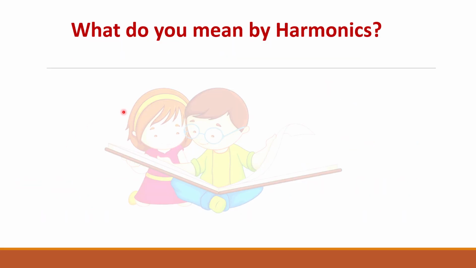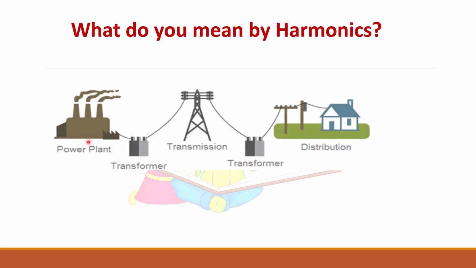Let us see what we mean by harmonics. If you take our power system, the power plant generates a sine wave which will be transmitted and then distributed to our home. So here also we will get the sine wave.